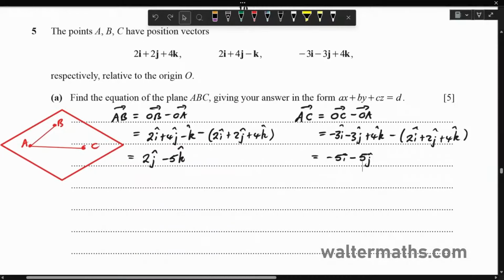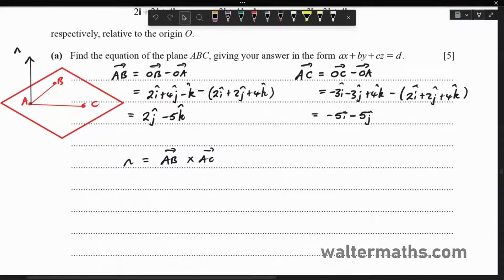Now we want to find the common perpendicular to these two vectors, which is n. To get n, we will do the vector product, AB cross AC. So we have 0, 2, and minus 5 cross multiplying minus 5, minus 5, and 0.